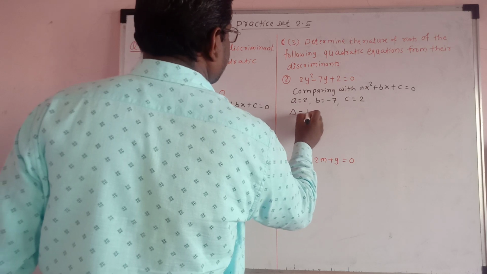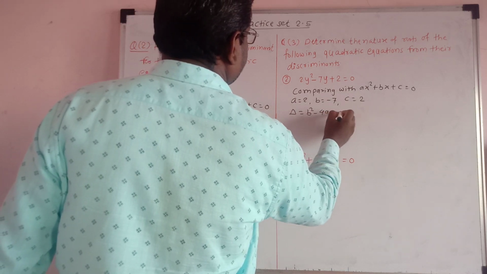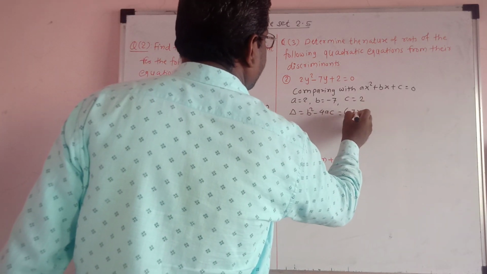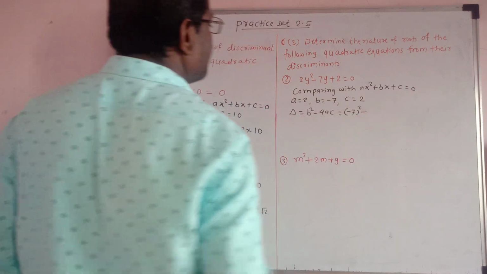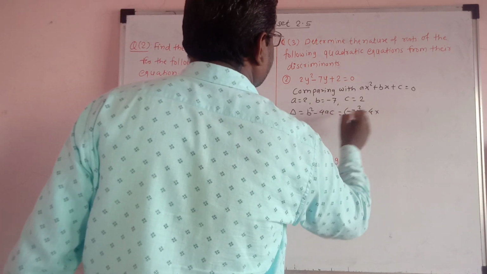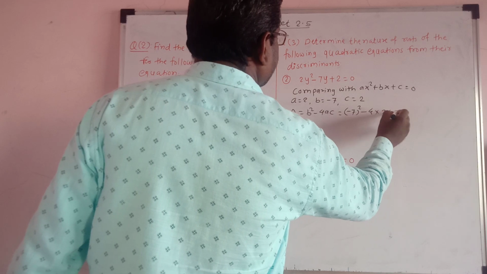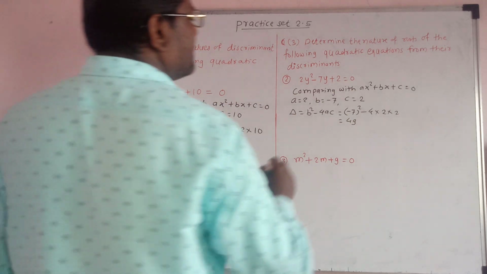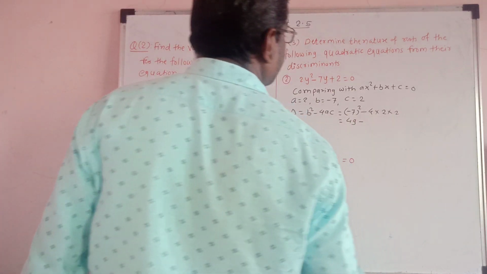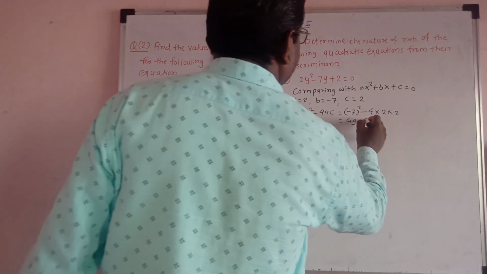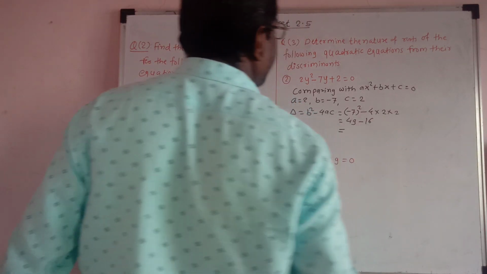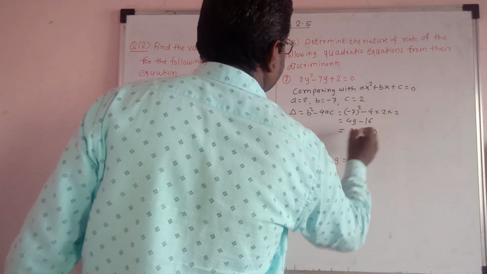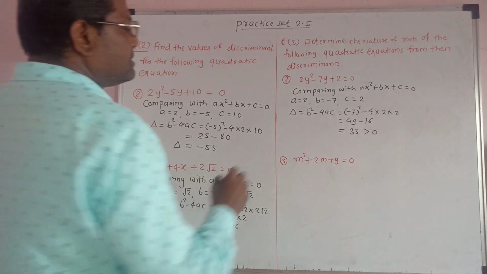Let us find the discriminant. Delta is equal to b square minus 4ac. Value of b is minus 7 square minus 4 into a, which is 2, and c, which is 2. Therefore minus 7 square is plus 49 minus 4 into 2, 8, 8 into 2 is 16. 49 minus 16 is 33, and that value of 33 is greater than 0.